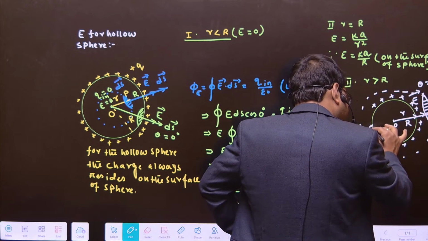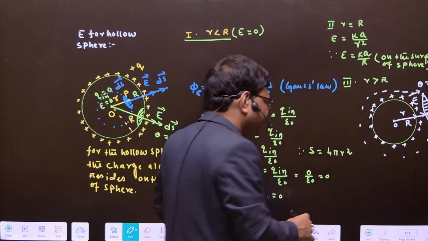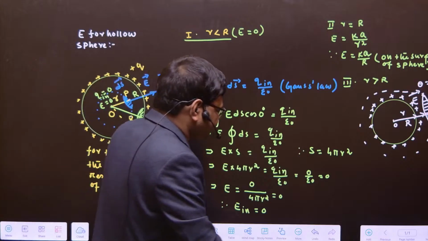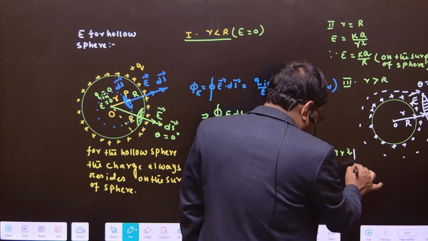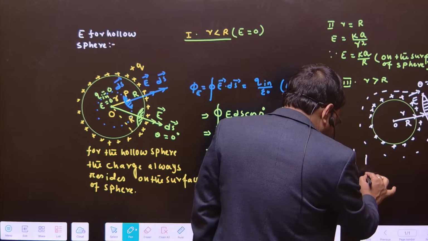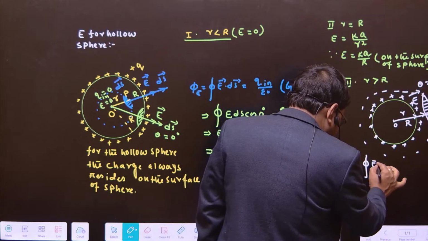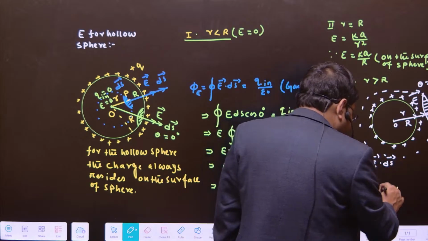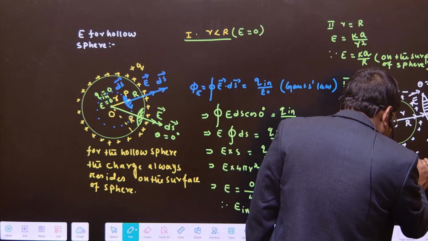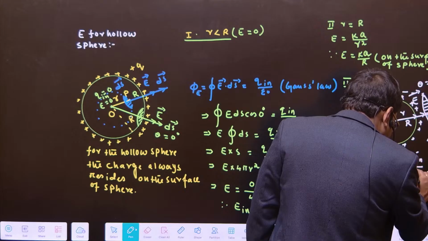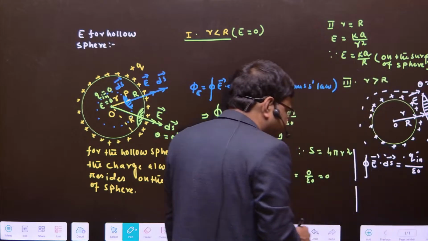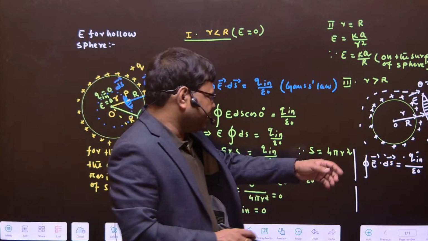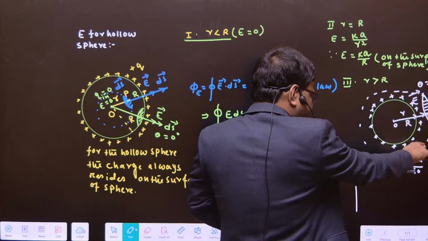Now we will apply Gauss theorem again. What will the Gauss theorem be? The surface integral of electric flux, E vector dot dS vector, is equal to Q in divided by epsilon naught, where Q in is the charge enclosed by the surface.